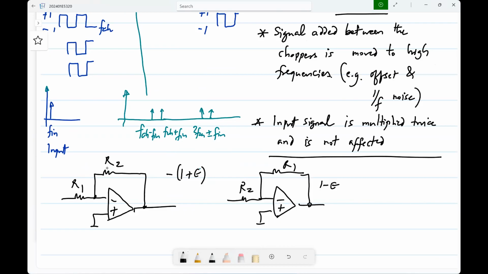That is, I have 2 resistors, I interchange their roles. For some time, whatever I identify as R1 is the input resistor, R2 is the feedback resistor. For another slice of time, R2 is the input resistor, R1 is the feedback resistor. So now, basically, the input signal is getting multiplied by some time varying multiplying factor, 1 plus epsilon, 1 minus epsilon, 1 plus epsilon, and so on.